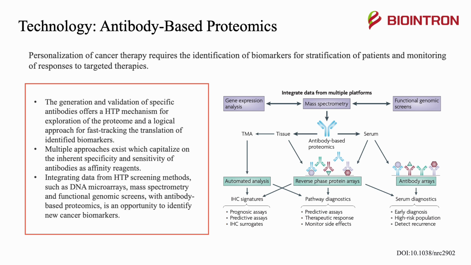Multiple approaches exist which capitalize on the inherent specificity and sensitivity of antibodies as affinity reagents. Integrating data from high-throughput screening methods, such as DNA microarrays, mass spectrometry and functional genomic screens, with antibody-based proteomics is an opportunity to identify new cancer biomarkers.